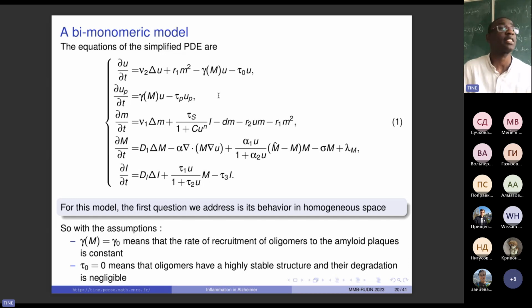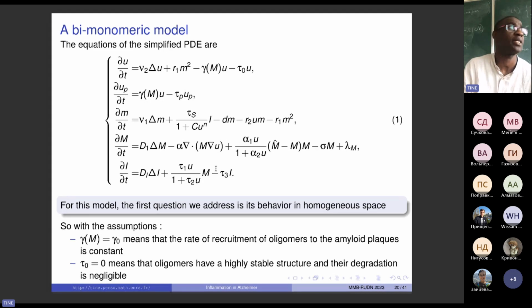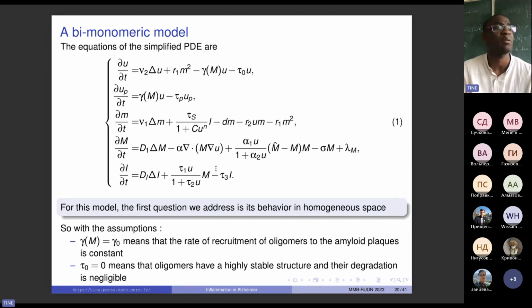Of course, we have this system. For this model, the first question we address is the behavior in homogeneous space. When you talk about homogeneous space, that means there is no space. So we have the following assumption.